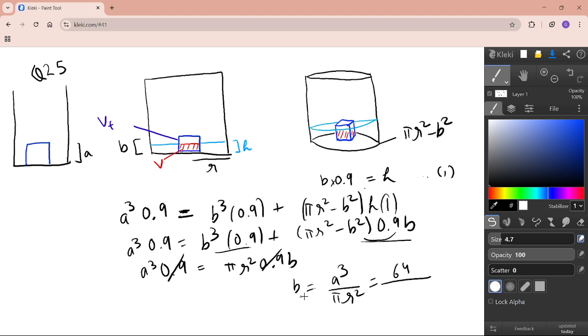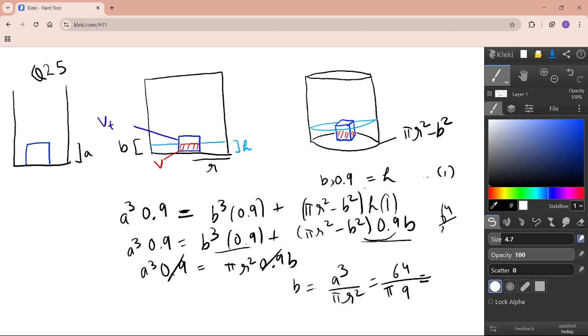And we want to find b in centimeters. It does not matter. If we take r in centimeters and a in centimeters, it comes out in centimeters. So pi r square, right? 64 by 9 pi. Now, how much is that? 9 into 3 is 27. I'll assume it's 28.